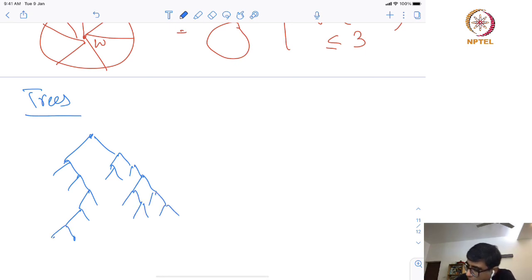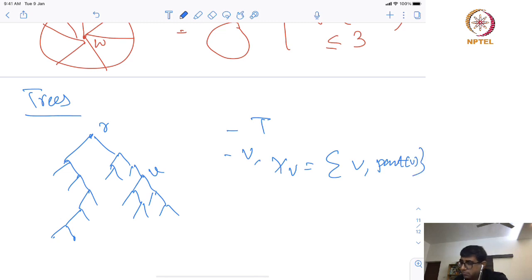I just root it at some vertex, the root. So my T is going to be the same, and for any vertex V, X_v is going to be V and again the parent of V. That's it. We are done.